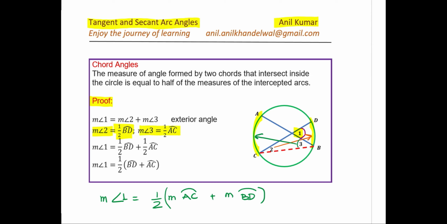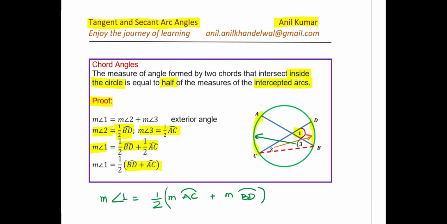And clearly, angle 1 will be the sum of both. So we get half of BD plus half of AC, taking half common, we get the average value of the arcs subtended by these two chords. And therefore, we can write down the measure of the angle formed by two chords that intersect inside the circle is equal to half of the measure of the intercepted arcs.